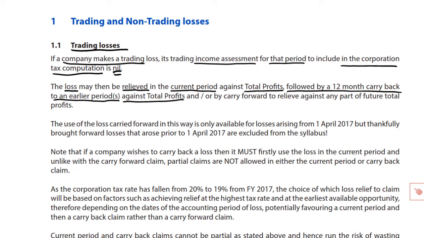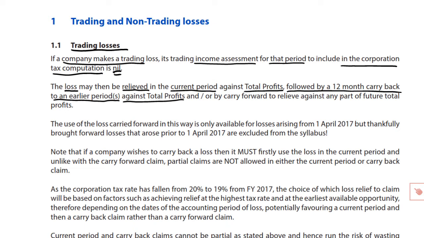It is most likely that the company will have and now continues to prepare its accounts to a set regular date within the year. So every chargeable accounting period is for a year end, in which case when you carry back it will indeed be against the total profits of the preceding chargeable accounting period.